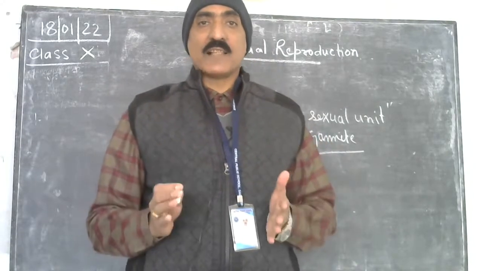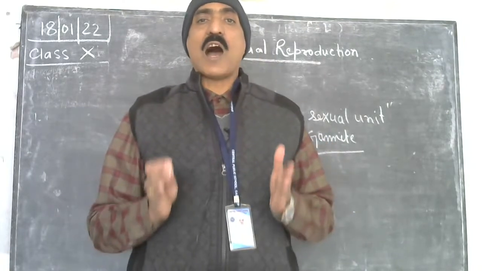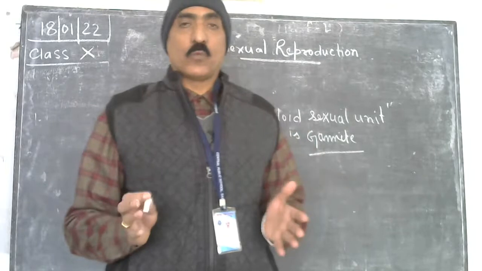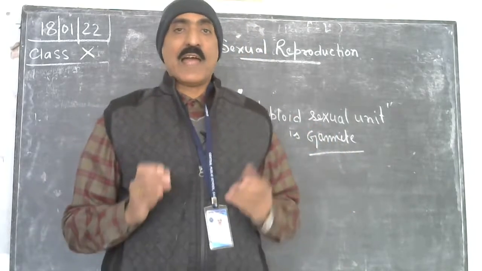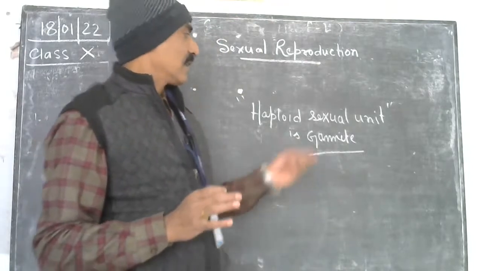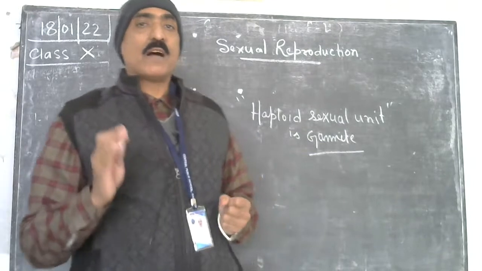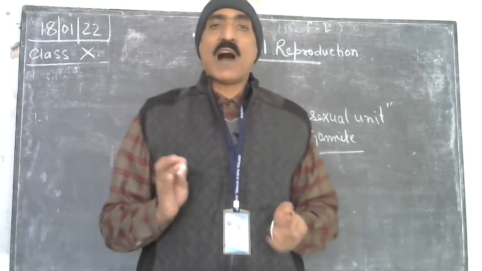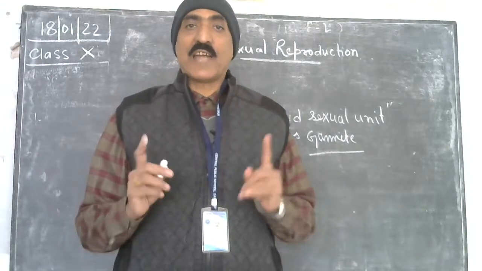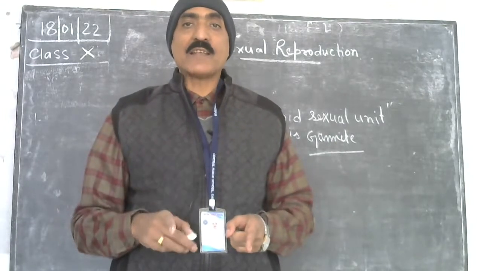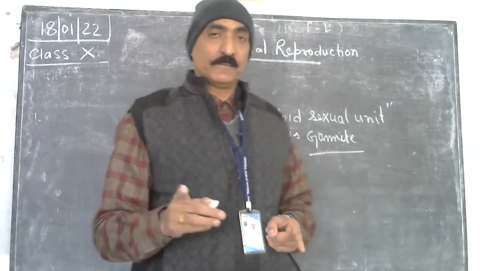But those cells which have unpaired chromosomes, or half the number of total chromosomes, are called haploid cells. And such cells that are haploid in nature and represent the male or female are called gametes. So gametes are the haploid sexual unit of male or female.